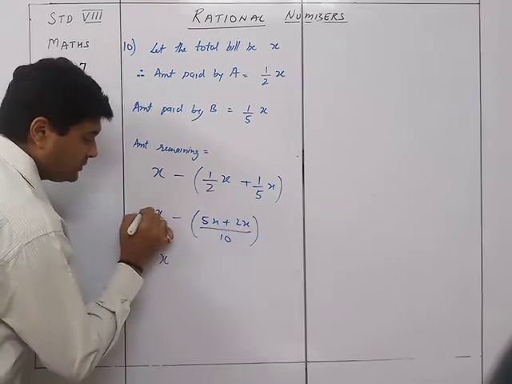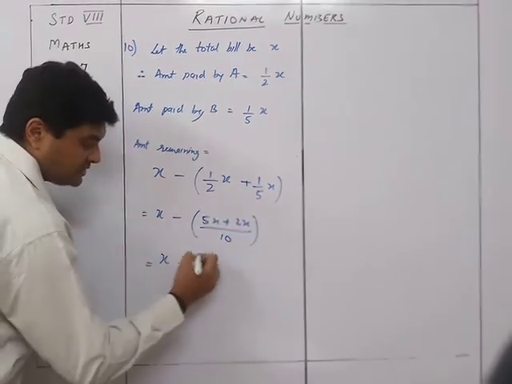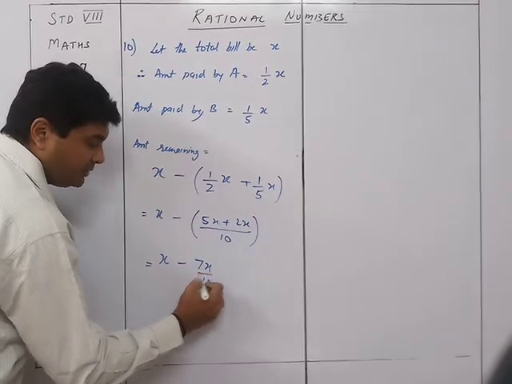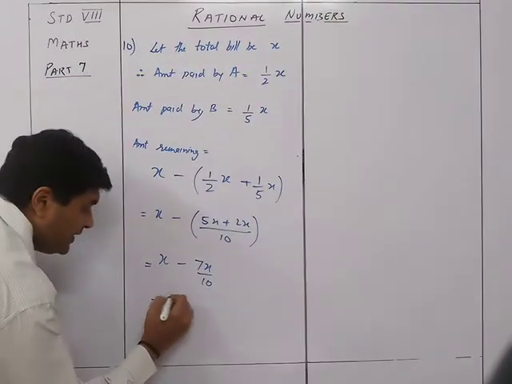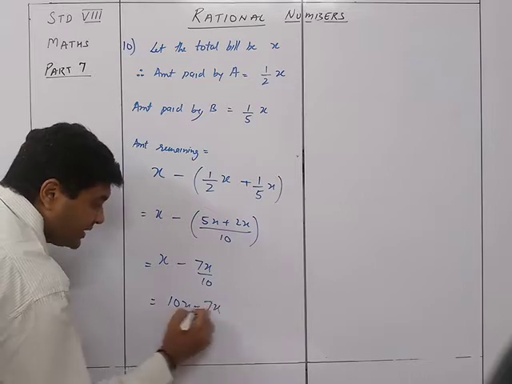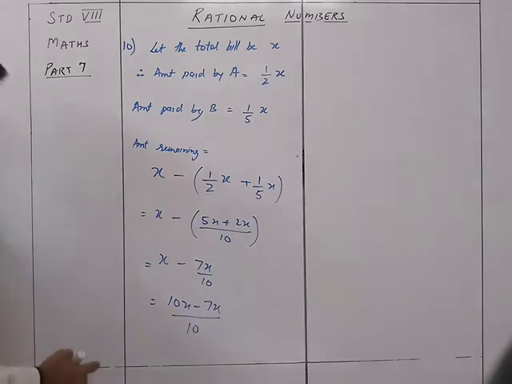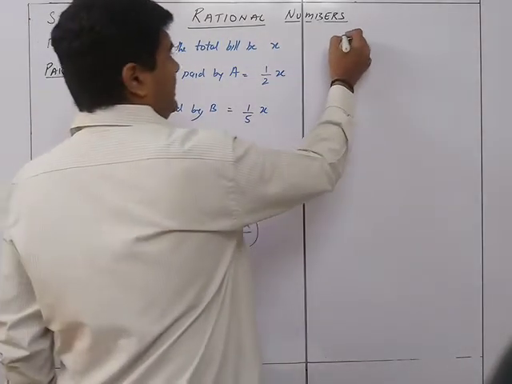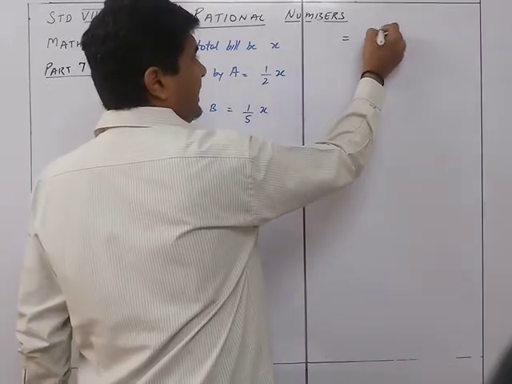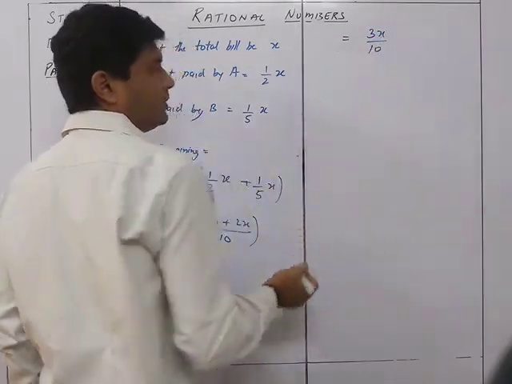So it's X minus 7X upon 10. Now the LCM is 10, so it will be 10X minus 7X upon 10. Accordingly, the answer will be equal to 3X upon 10.